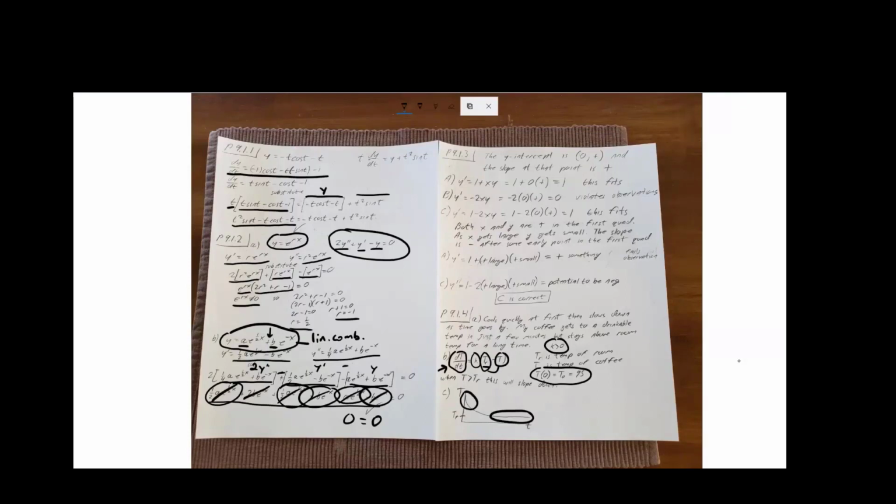But if coffee was really hot, like 1,000 degrees, what's going to start? Yeah, then the surroundings themselves are going to start changing. The coffee will actually change the temperature of everything around it rather than the stuff around it changing the temperature of the coffee. So if it's too hot, it sort of reverses things, right? Then the coffee is doing the changing rather than the other way around.